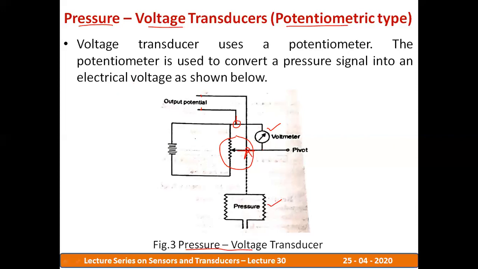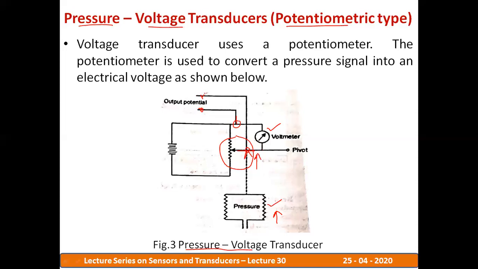Okay, so when pressure is applied, that is sensed by this bellow, and proportionately the bellow is going to move the slider. When the slider is moved, the output voltage across the terminals is going to change proportionately.